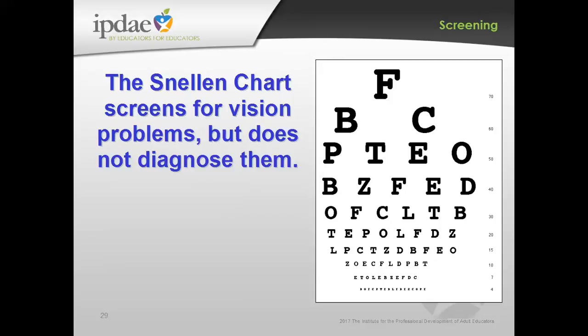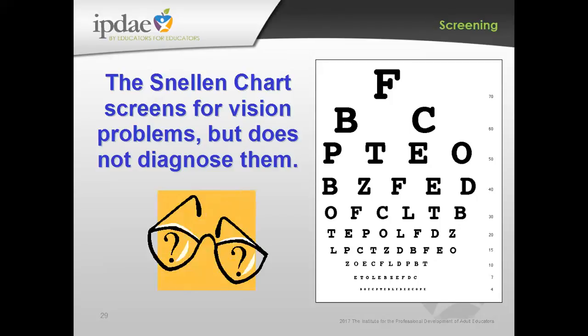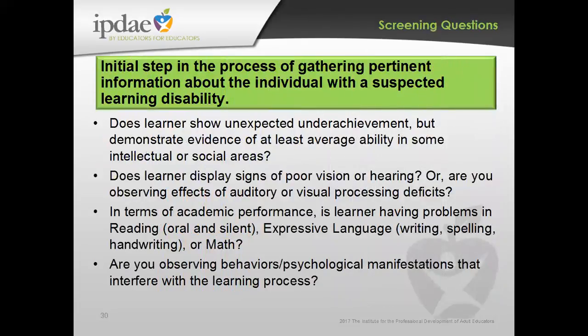All right, but what this does not do, this screens for a problem, but it does not diagnose a problem. Other things have to be done before a vision problem can be diagnosed.